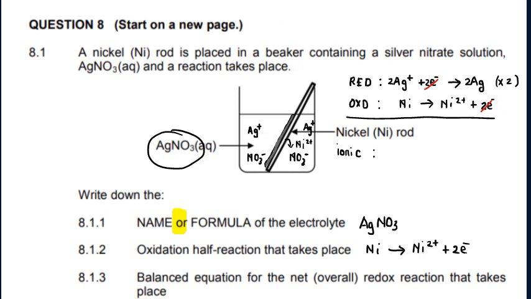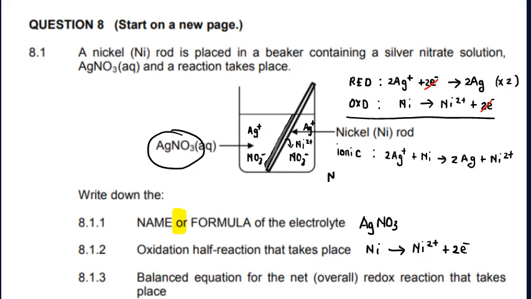If we get this ionic reaction down, it's going to be 2Ag+ plus nickel solid, giving you 2Ag solid plus nickel 2+ ions. But they wanted the net, which means that we just need to add in the spectator ions, which balance out the positive charges on our cations.